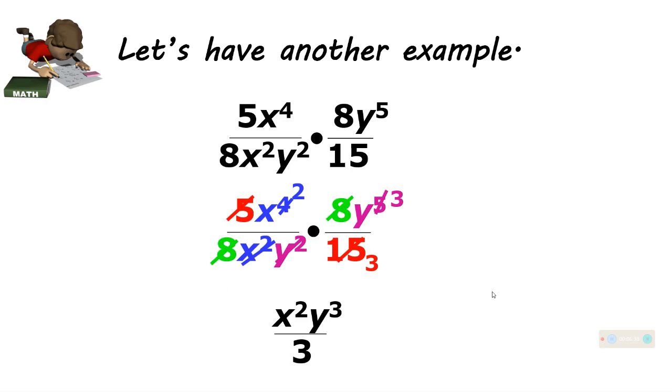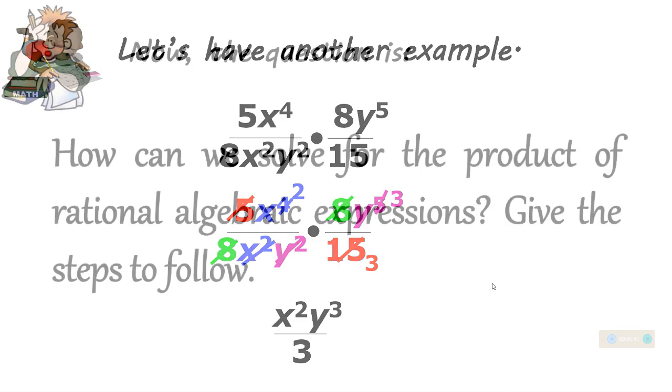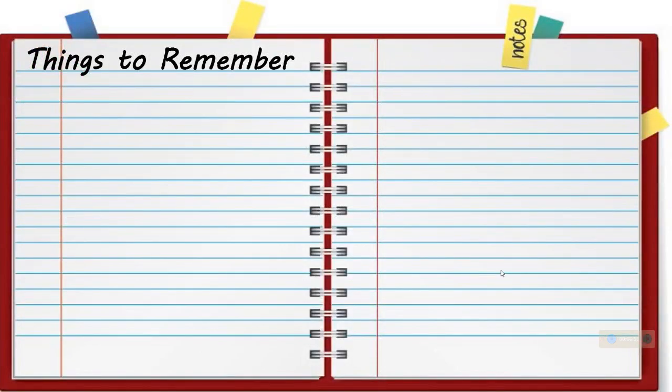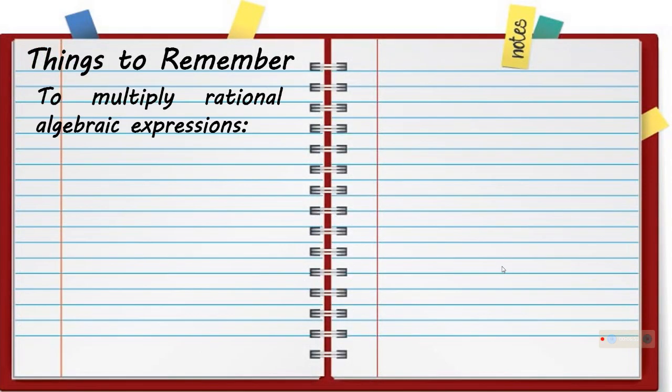Okay? So, our first two examples have just monomials on the numerator and denominator. What if we are going to have rational algebraic expressions in the form of binomials and trinomials? You have to remember these steps on how to multiply algebraic expressions.